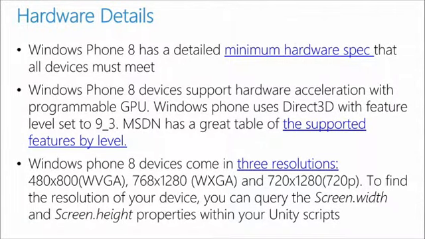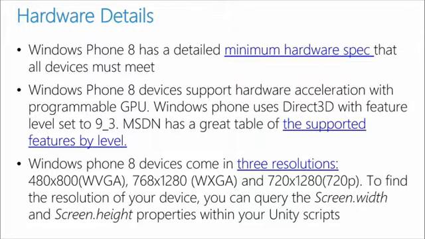Okay, so with the phone, there's some hardware details that I thought we should run through. First off, this is something that a lot of people aren't completely aware of, so I wanted to pass along this information. Windows Phone has a detailed minimum hardware spec. What that means is any device that supports Windows Phone 8 must at least match these minimum specs.